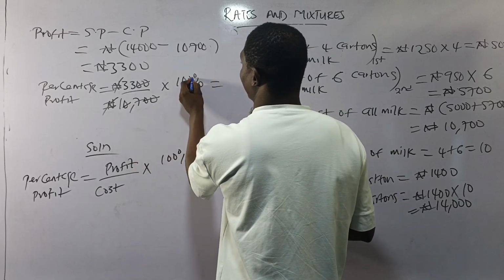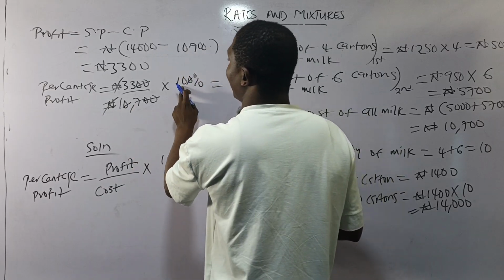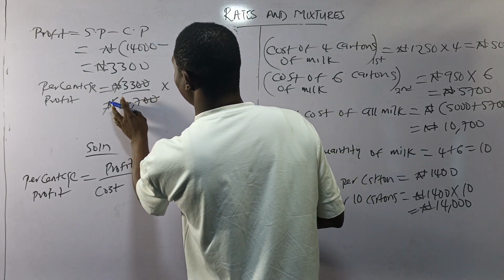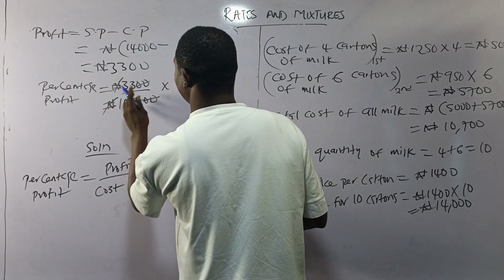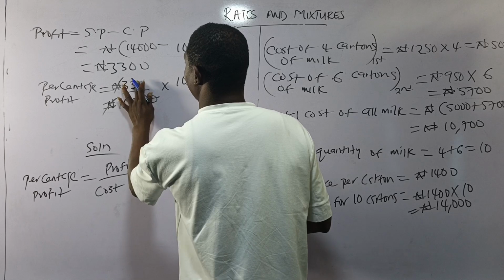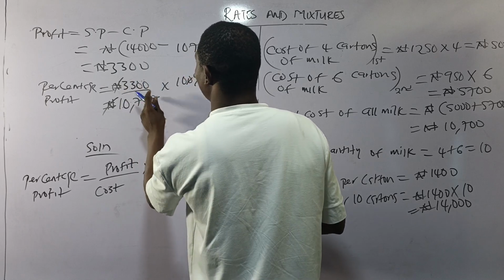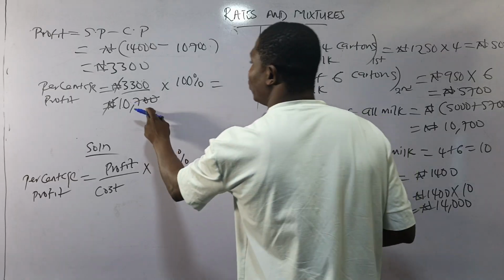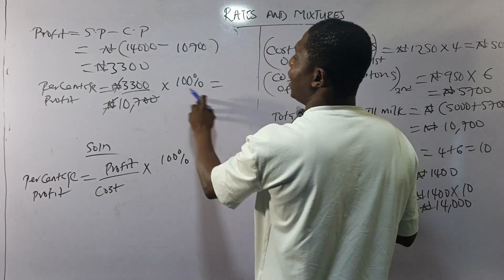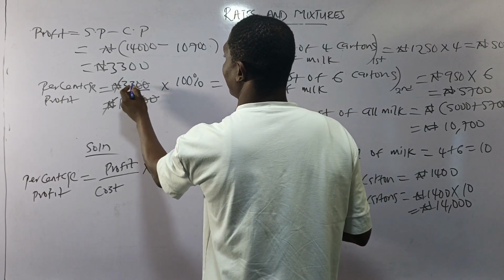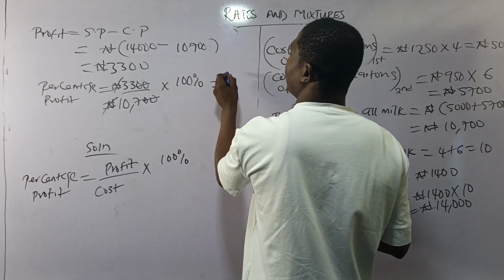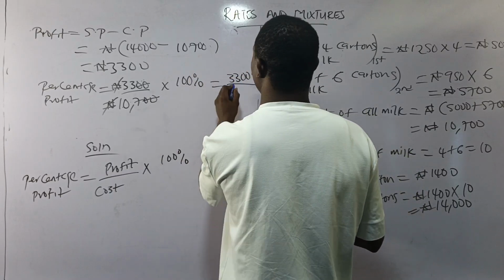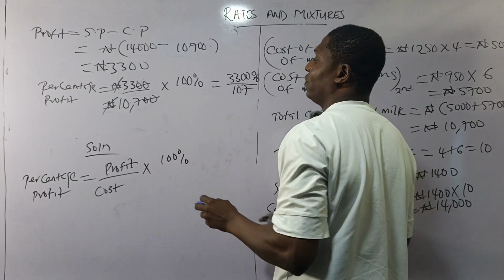So I have 10 times 33 to give me, this 0 cannot cancel this 0, sorry, it's a mistake. I have 2 zeros, these 2 zeros can cancel this, so this 0 cannot cancel this 0 here, because it's 107. So we have 33 times 100 to give me 3,300 in percentage all over 107.